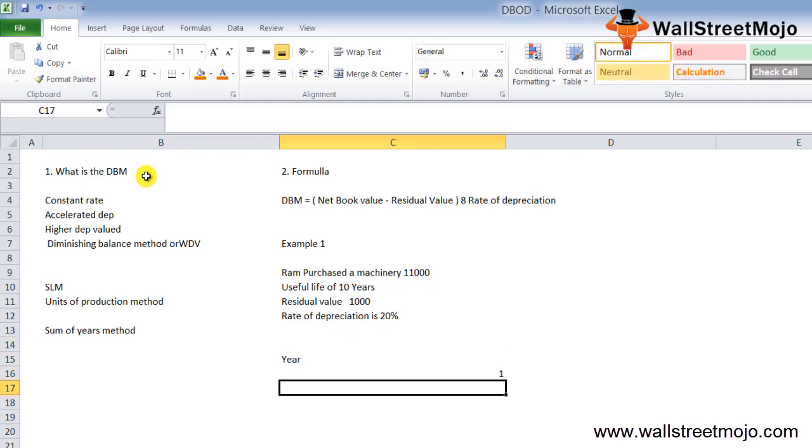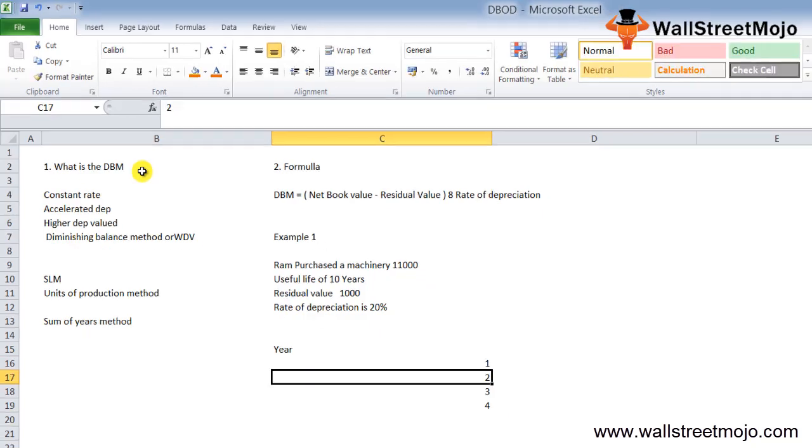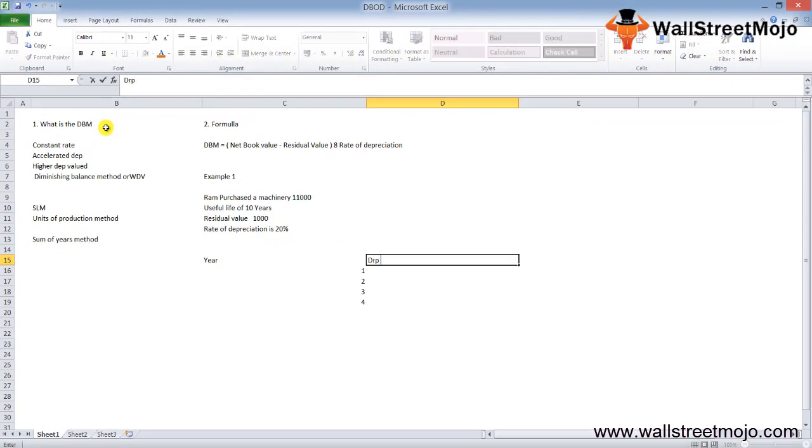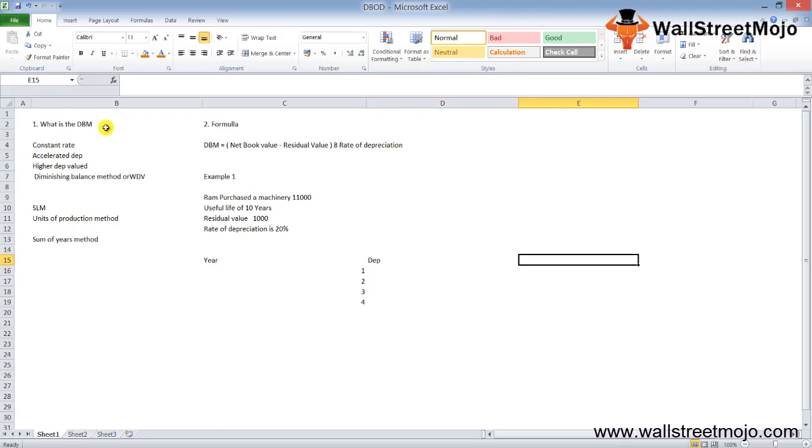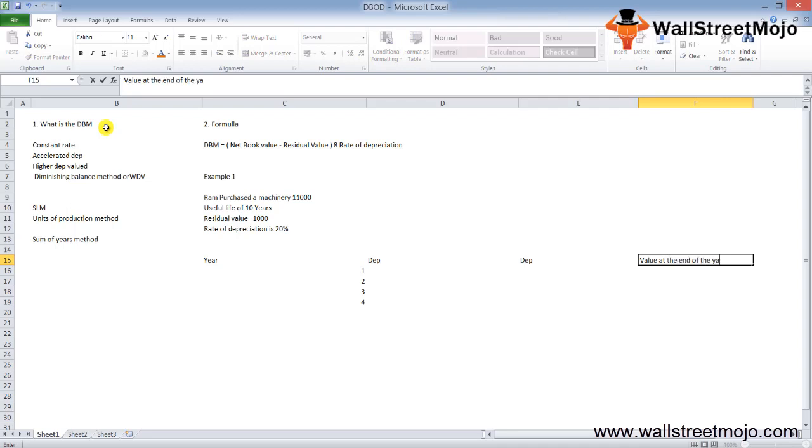There'll be year 1, 2, 3, and 4. Then there'll be depreciation. So how is the depreciation calculated? Well, it's based on the percentage, so depreciation as a percentage, then the depreciation amount and the value at the end of the year.